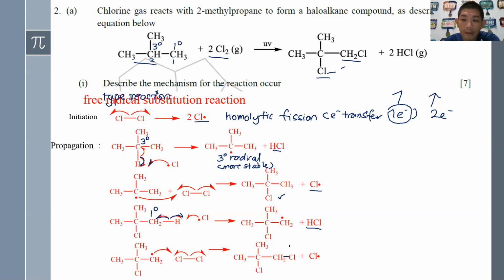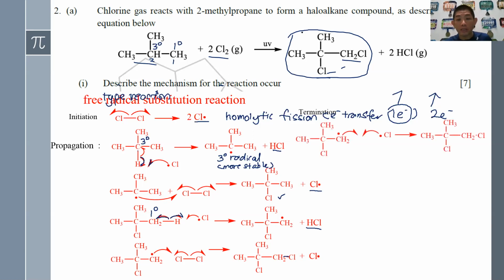Of course, in free radical substitution there are many more steps that can take place. But since the question only wants how you form this compound, usually we only stop at what we want from the equations. Finally, for a free radical substitution reaction, you must have the third step, which is the termination step.